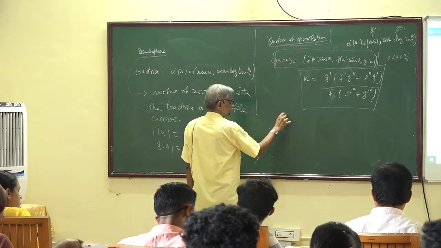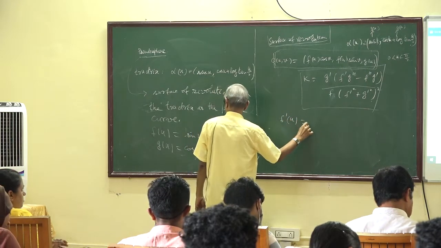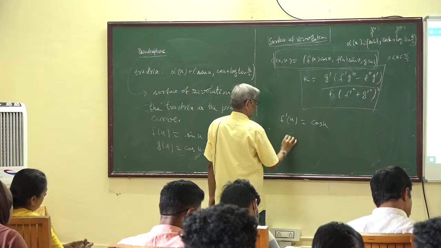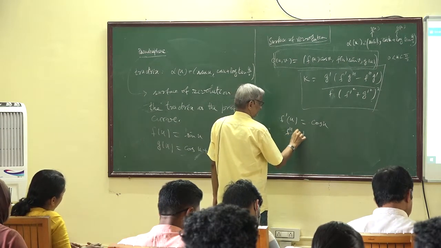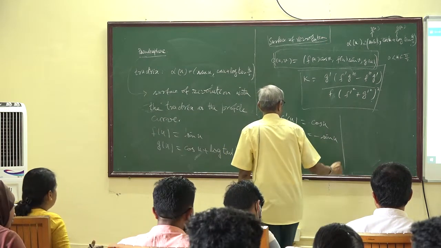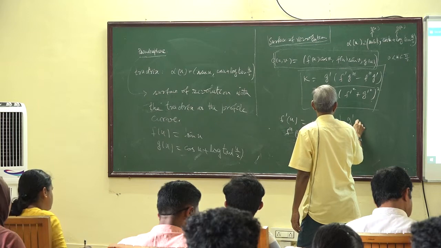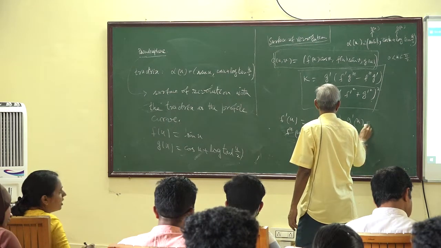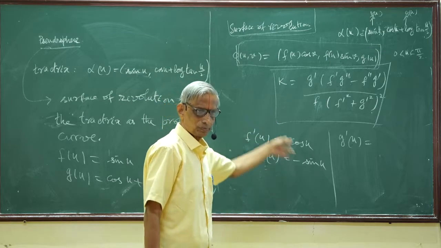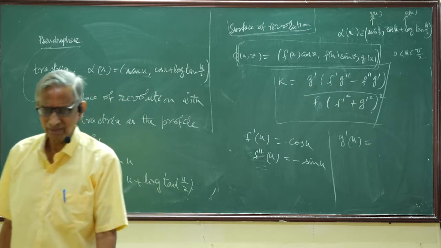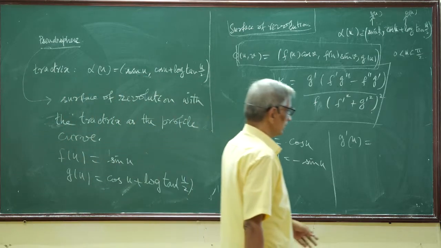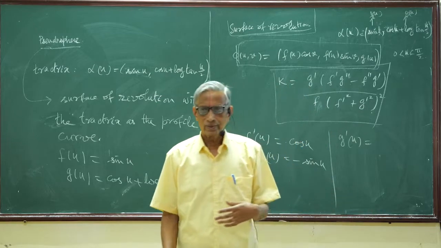F dash u is cos u, F double dash u is minus sine u. So we need the first and the second derivatives of both the functions f and g. That's all. It should not be too complicated a calculation. So log tan you have to differentiate.